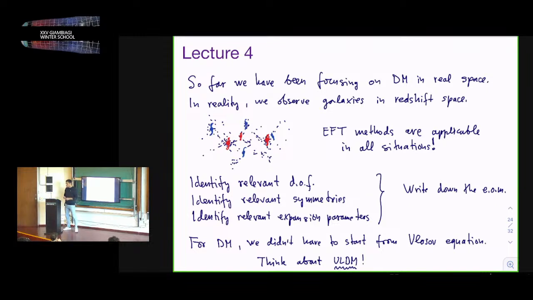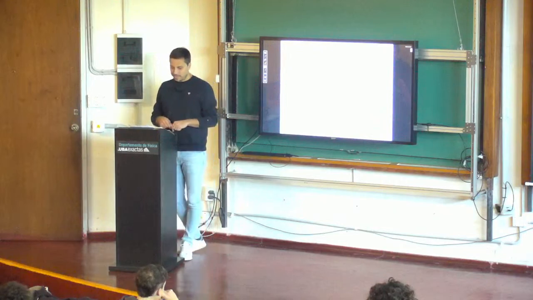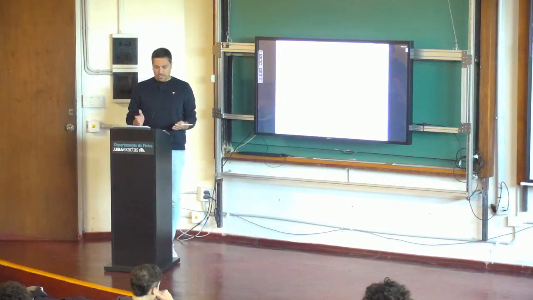Okay. So it turns out, of course, that all the main points that we made about dark matter are equally applicable also to this more general case. So it is not only about dark matter, it is about galaxies, and you can use the same logic.